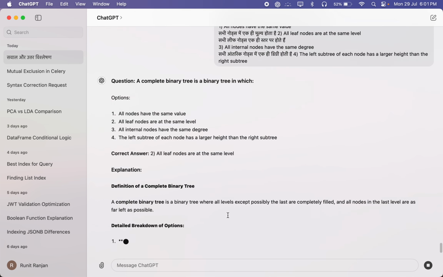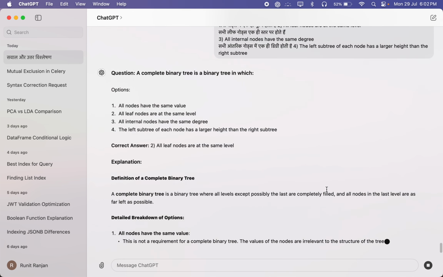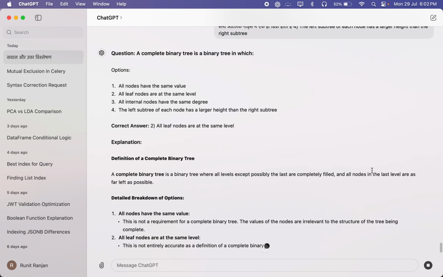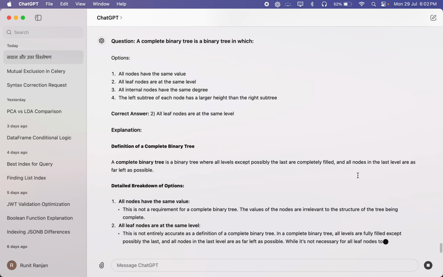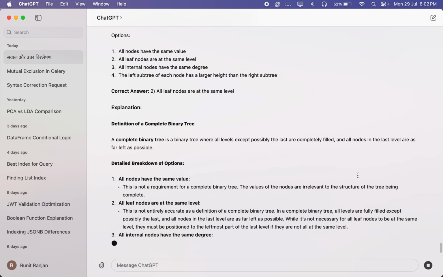A complete binary tree is a binary tree where all levels except possibly the last are completely filled and all nodes in the last level are as far left as possible.